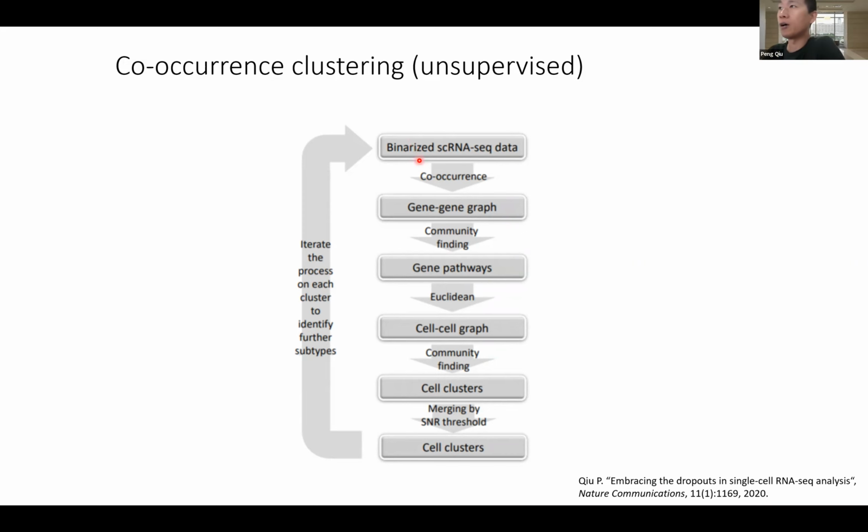And then I had a series of steps of building gene-gene relationships, and then community finding clustering, which we discussed, and then build cell-cell graphs, do the same thing to derive cell clusters. And it turns out that just based on the binarized version of the data, it is possible to identify cell clusters that correspond to real cell types, which is something that's super interesting.